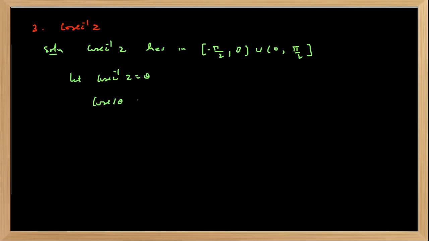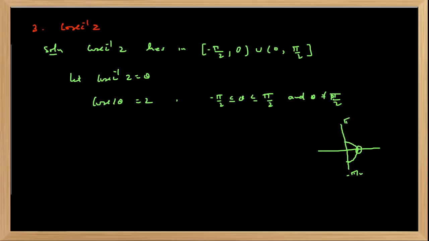This implies cosec theta is 2, where minus pi by 2 is less than or equal to theta, which is less than or equal to pi by 2, and theta is not 0. So it is minus pi by 2 to 0, excluding 0, and up to pi by 2. So in the first and fourth quadrants, we have to find cosec theta equal to 2.